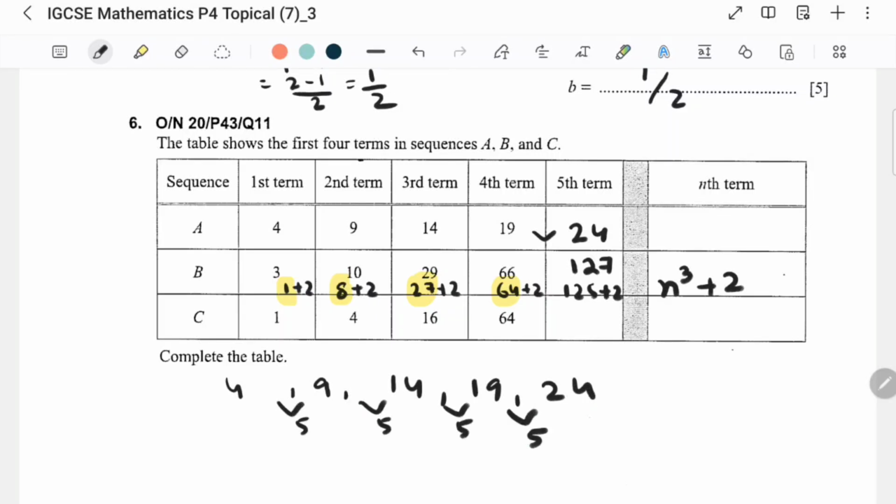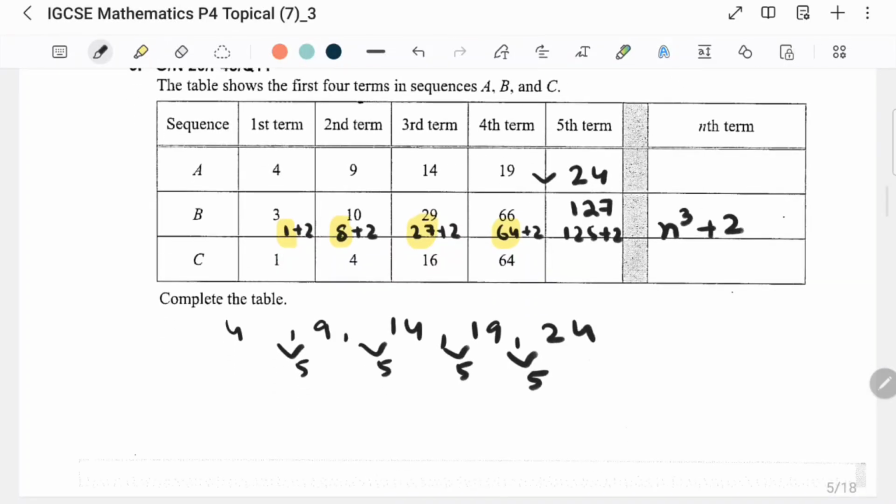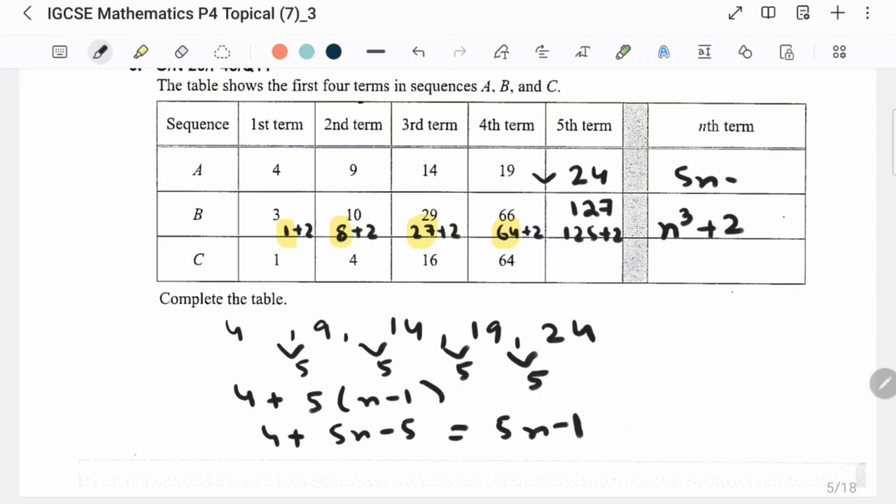You can check your answer for the cubic by the method I told you before, or any method you know. So a plus d(n minus 1), that is 4 plus 5n minus 5, which equals 5n minus 1.